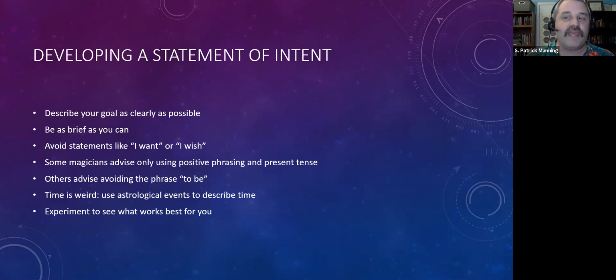So you want to be as direct and practical as possible. Some magicians advise only using positive phrasing and putting all of your statements in present tense. The subconscious tends not to process words like don't or not very well.